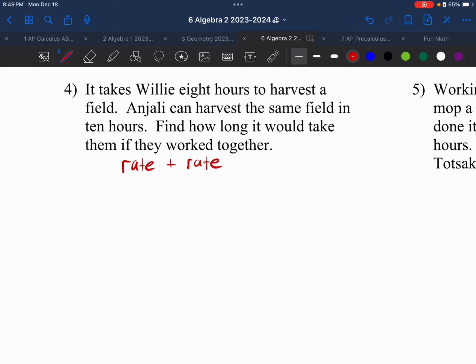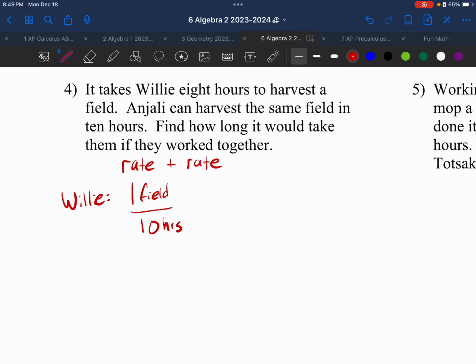You take the rate. Willie's rate is 1 field per 8 hours. And then Anjali's rate is 1 field per 10 hours.